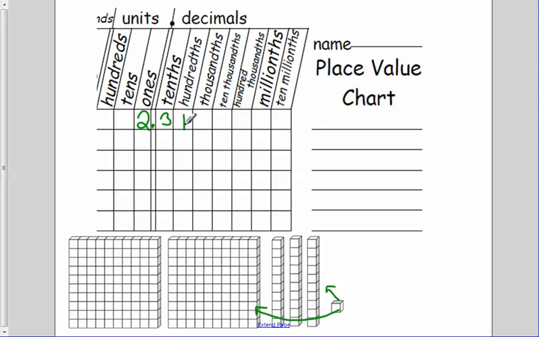That's why they're called hundredths. Now if I were to write this in words, this would be 2 and 31 hundredths.